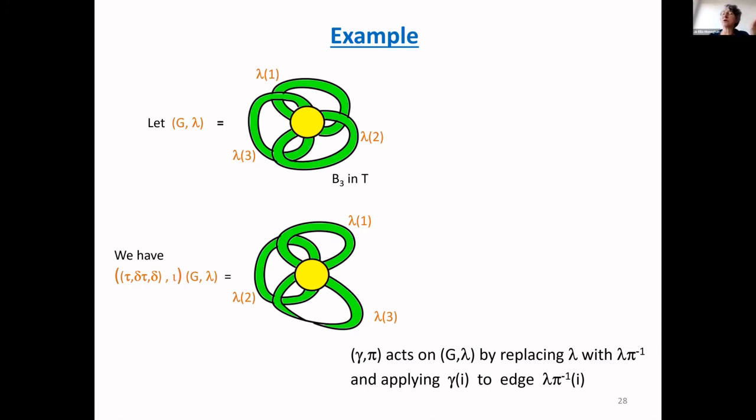Let's not reorder the edges right now, okay? So this means that we're going to apply tau to the first edge, delta tau to the second edge, and delta to the third edge. And if this had been some wacko permutation, it would just reorder which element of this you applied to which edge.